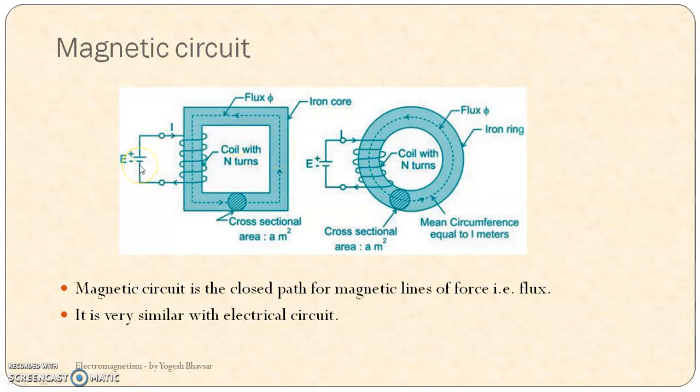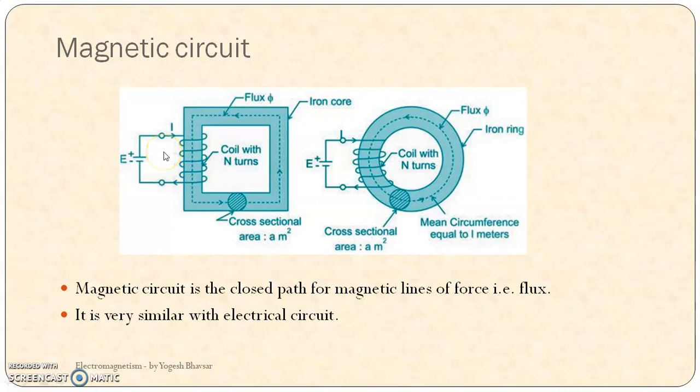As soon as the supply is given to this coil, there will be a flow of current, and as there are N number of turns, it will set up a magnetic field around these conductors, right? As soon as we give current to this coil, magnetic flux is set up.